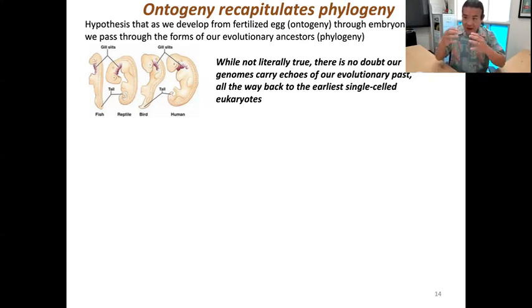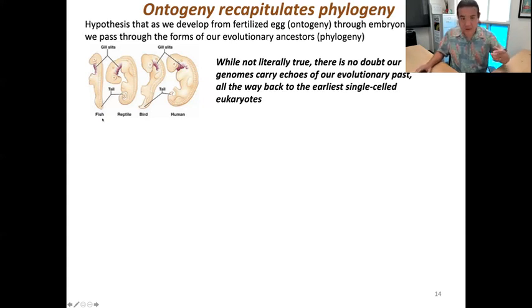Phylogeny, of course, represents a different kind of history. Phylogeny has to do with evolutionary history, all the different types of organisms, animals, creatures, that came before, that eventually led through eons of evolution to reaching this particular animal that you have today, whether that's a fish, a reptile, a bird, or a human.